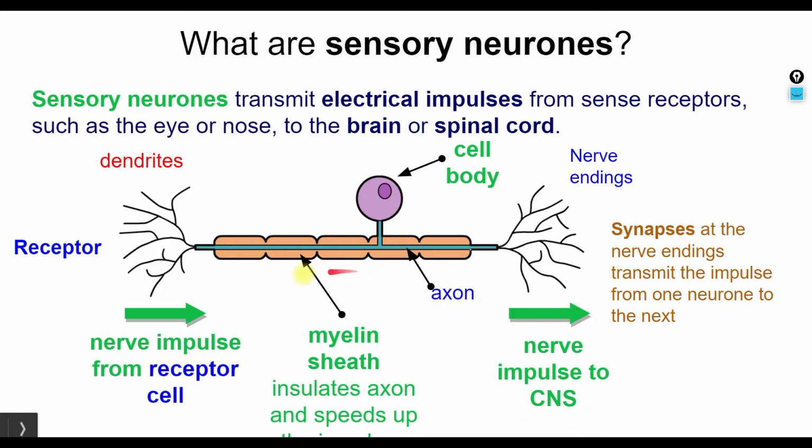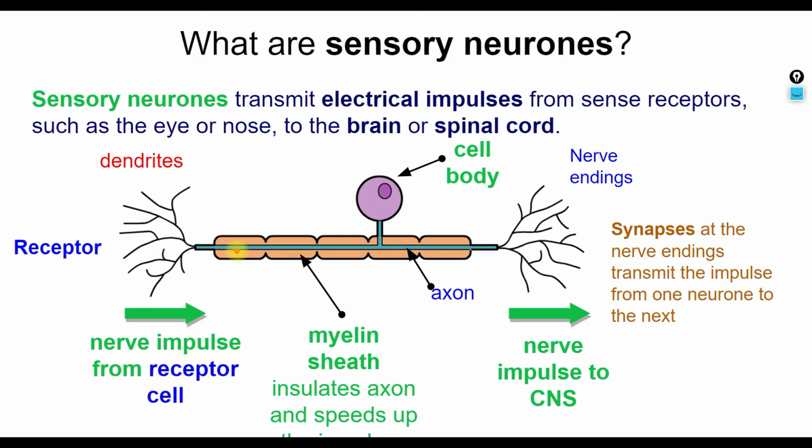And notice here that long stretched out piece of cell is filled with cytoplasm. It's called the axon. And it's a very special adaptation for neurons, because it means a neuron can be a very, very long cell. They're the longest cells in the body. You could have a neuron going all the way from your big toe to your spinal cord.